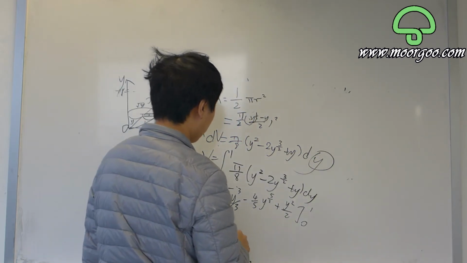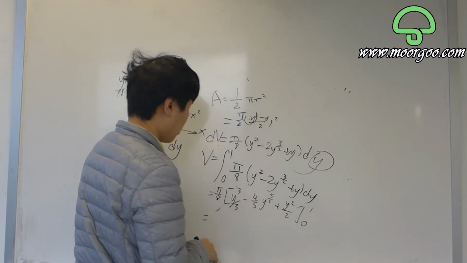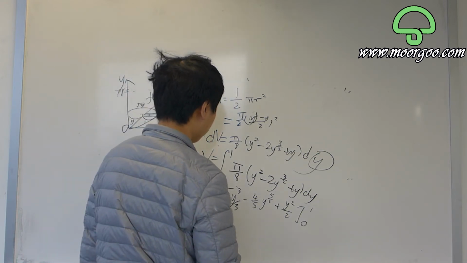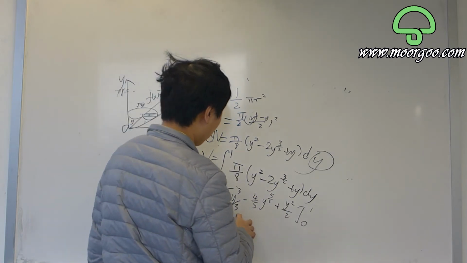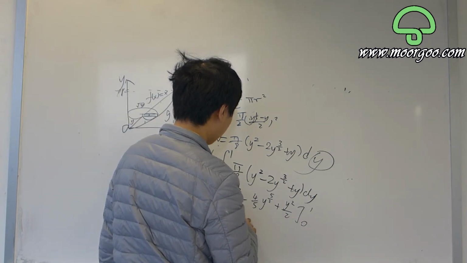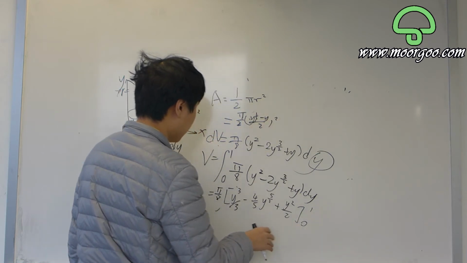We want the value of this thing in the bracket when y is equal to 1 minus the value when y is equal to 0.